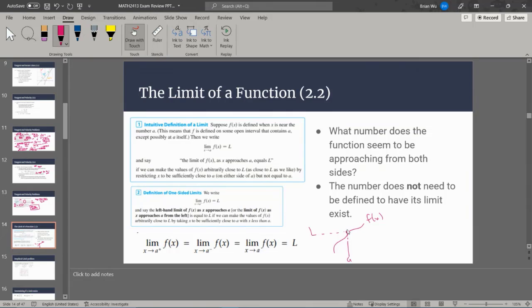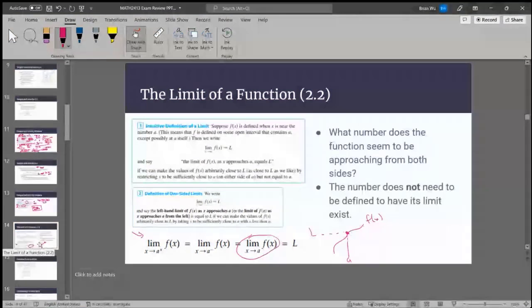It doesn't have to be defined, but what number does it seem to be approaching from both sides? And one of the things you can also prove is that if the left side limit is equal to the right side limit, then the whole limit should exist. And you can read these definitions if you need it on the PowerPoint, but that's essentially what a limit is.